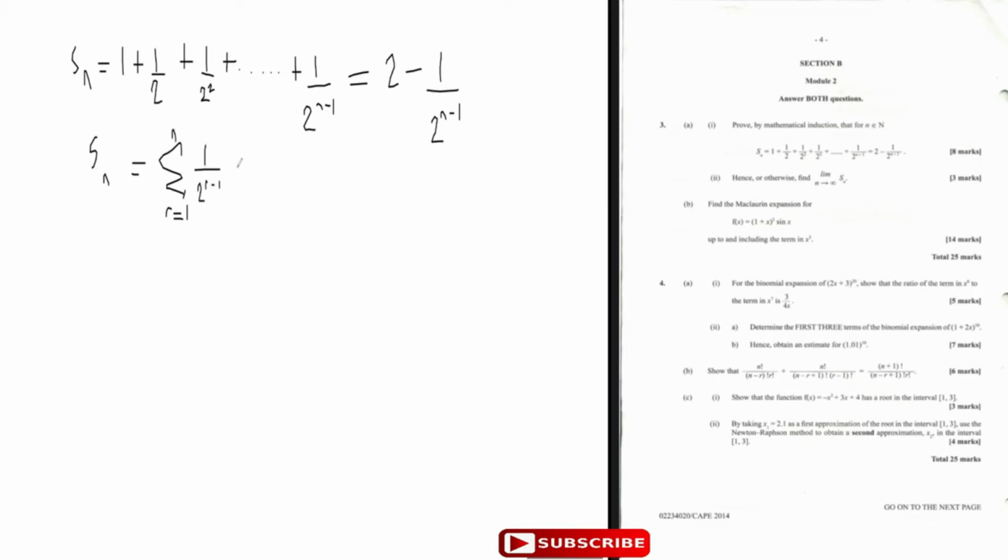So we need to show that the summation of this is equal to 2 minus 1 over 2 to the n minus 1. So to do proof by induction, we first start from case number 1.